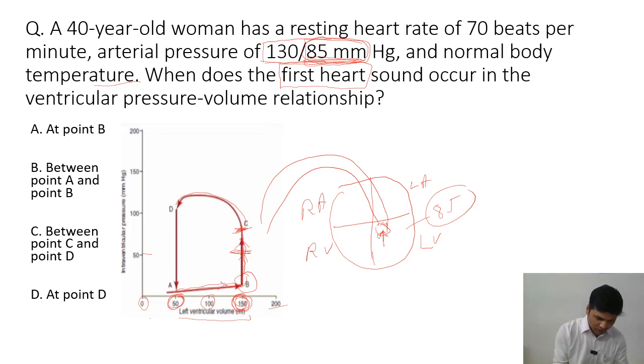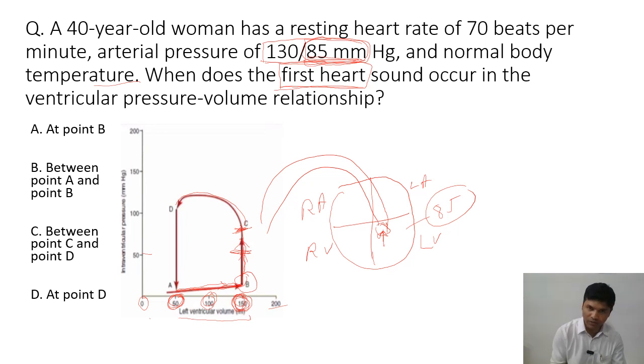But here the question is when the first heart sound will appear. The first heart sound appears when the atrioventricular valve closes, and the atrioventricular valve will close when the pressure of the ventricle exceeds the atrial pressure. So initially the atrioventricular valve was open, and blood was filled from atrium to ventricle and volume increased from 50 to 100 and 150.